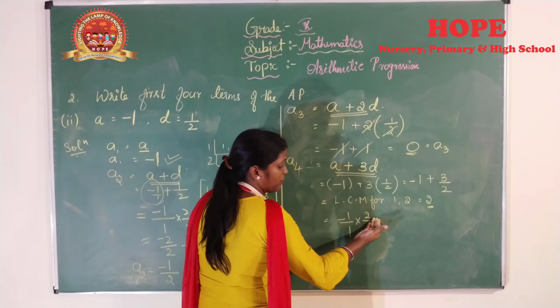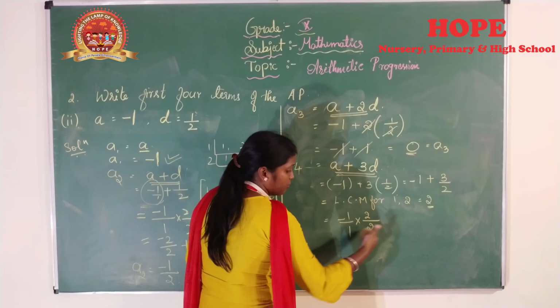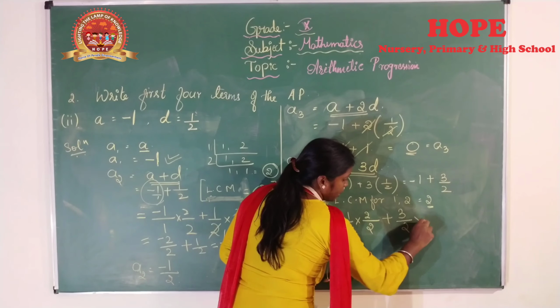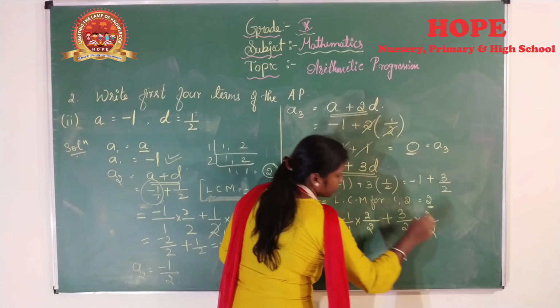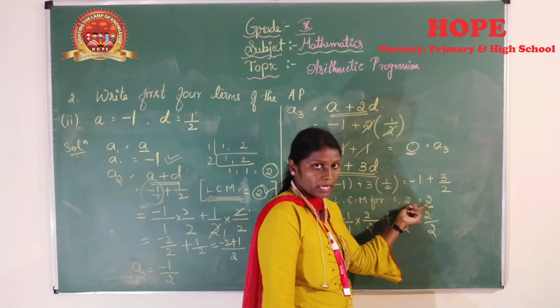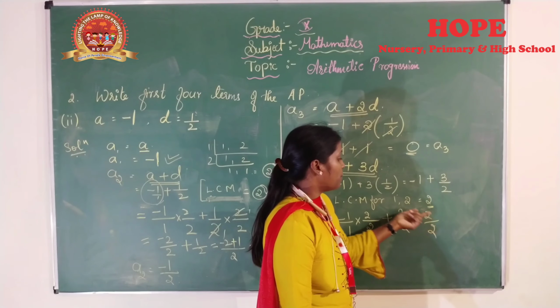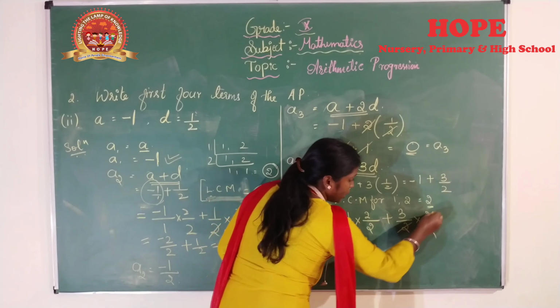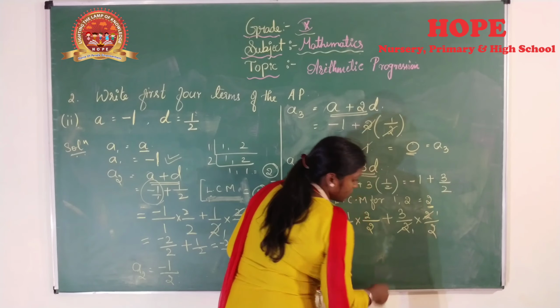That means the 2 you are multiplying for the numerator and for the denominator, plus 3 by 2 into 2 by 2. The same, the common LCM which we have got, that one we are multiplying with the numerator and the denominator, which is equal to 2 here and 2 here. 2 1s are 2, 2 1s are 2.